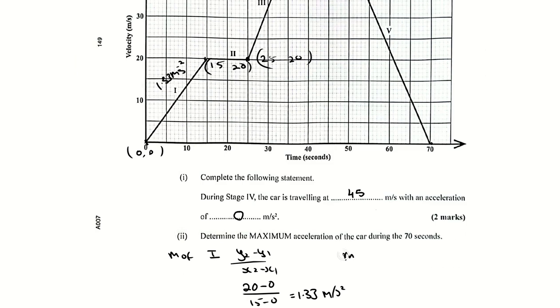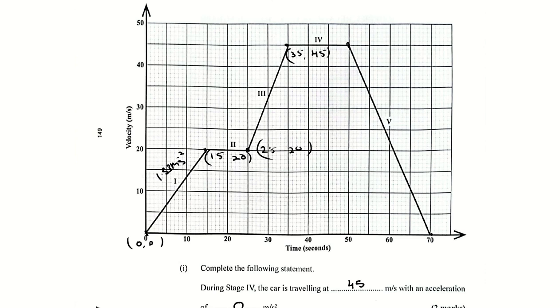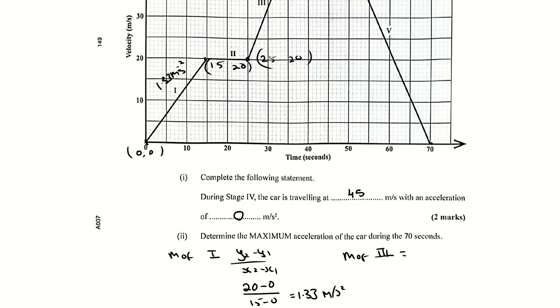Right, let's look at stage 3. The acceleration, the gradient for stage 3, again, same thing, y2 minus y1 over x2 minus x1. Let's just take those points. It's 25, 20, and the next point is 35, 45. I choose x1, y1, x2, y2.